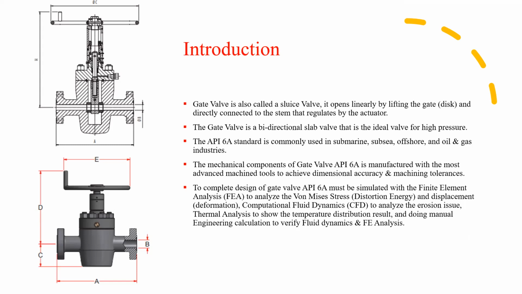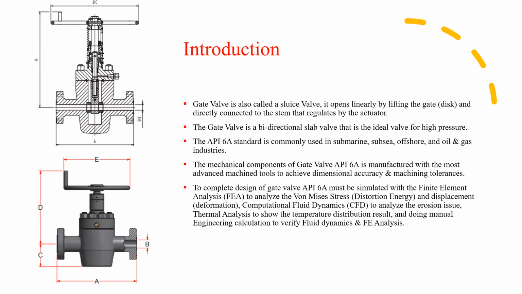We have two standards: API 6A, which we have used for our project, and API 6D. The API 6D is mostly used in the petrochemical and refinery industry. However, the API 6A standard is commonly used in subsea, submarine, offshore, and oil and gas industry.